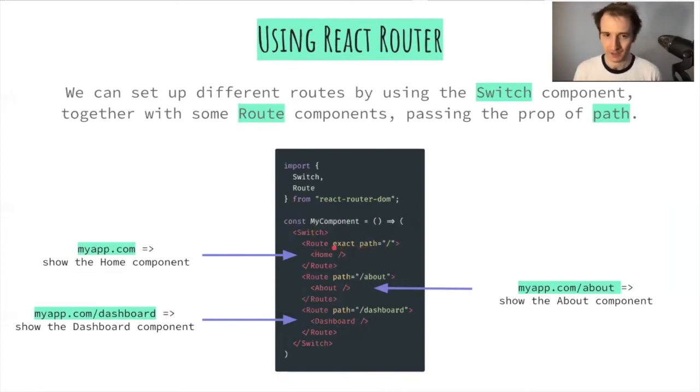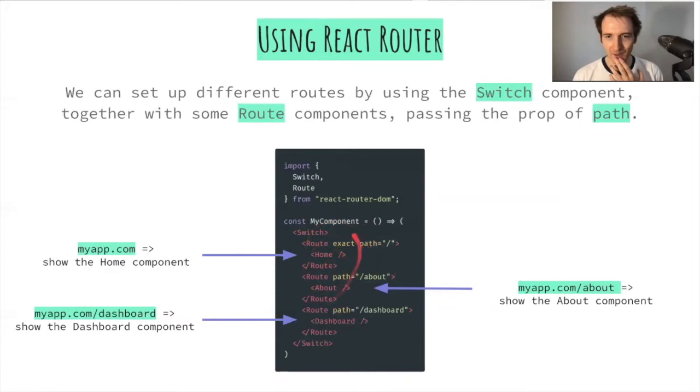So if we didn't have the word exact here and we were at the about page, so myapp.com/about, then this would also match the slash, because the router just looks at the URL and says, okay, if there's a slash at the front of it, I'm going to render that component.